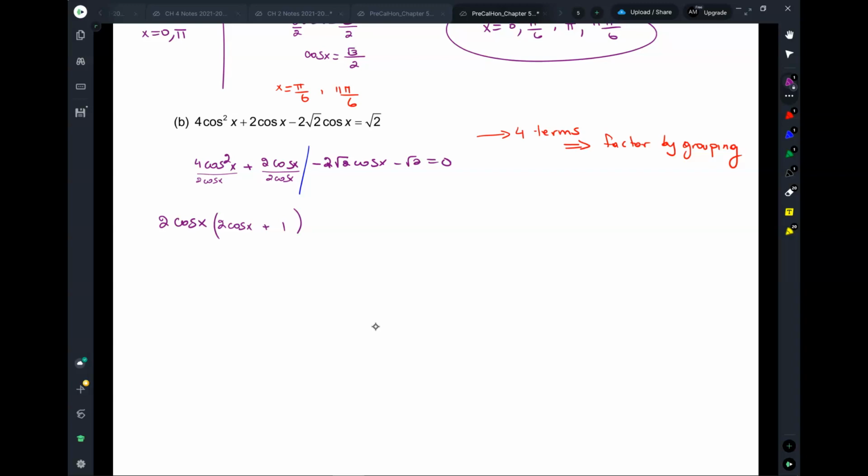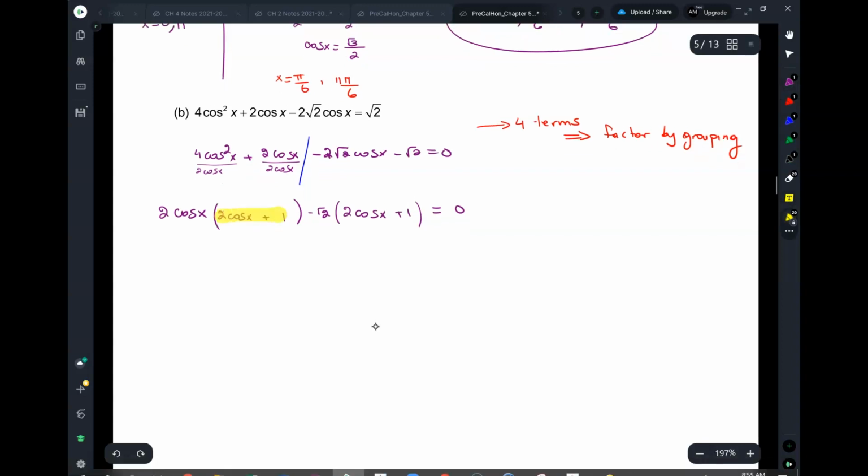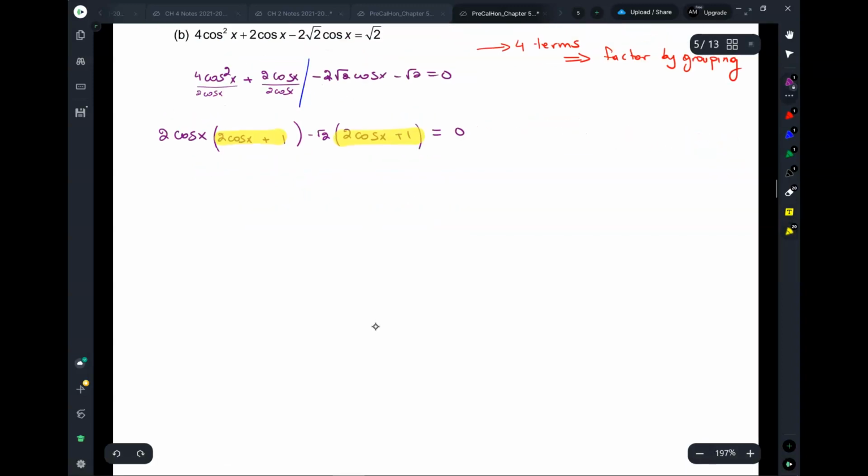From here, what do I factor out? Negative root 2 only, right? So if I divide by negative root 2, I get positive 2 cosine x. If I divide by negative root 2, I get, oh my God, plus 1. Yeah? Look at what happened now. I have 2 of the same. Okay? I write that off to the side.